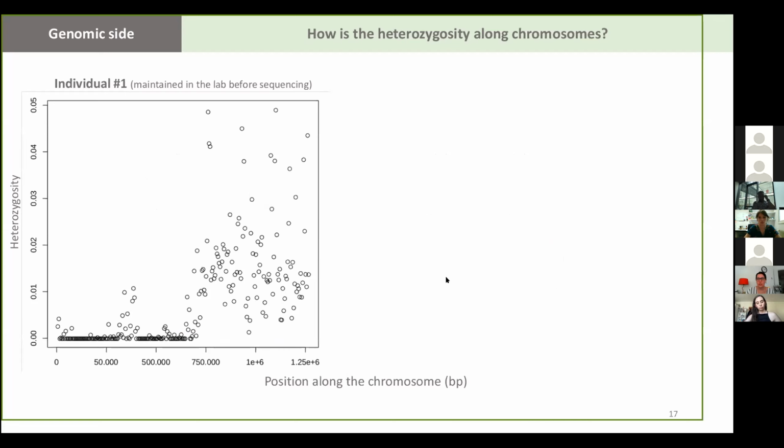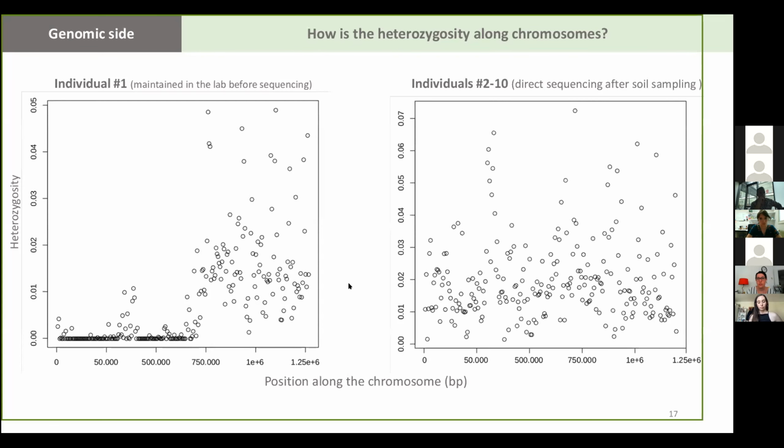And what we obtain is, for one individual, we had 20% of the contigs where one part of the contig has a rate of heterozygosity of 0, and the second part has normal rates of heterozygosity. However, for the 9 other individuals, the heterozygosity is stable along the chromosomes for all chromosomes.